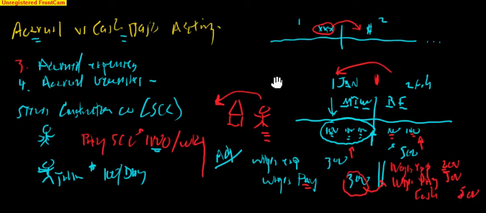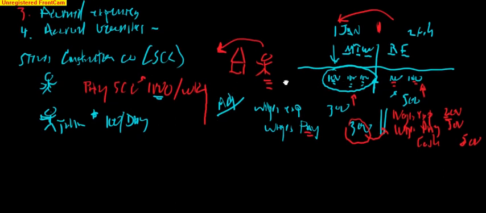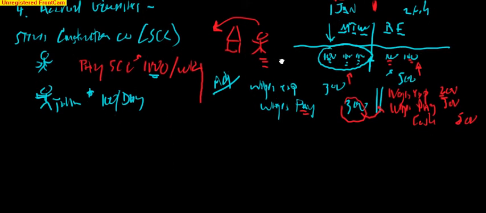Now the question is, what about accrued revenues? Because on our books, not only have we incurred expenses to John that we need to pay him, but we have also earned revenue, right? We have earned revenue for 3 days worth of work.